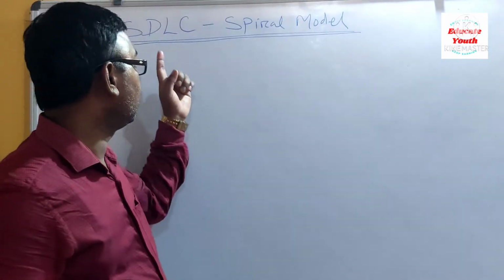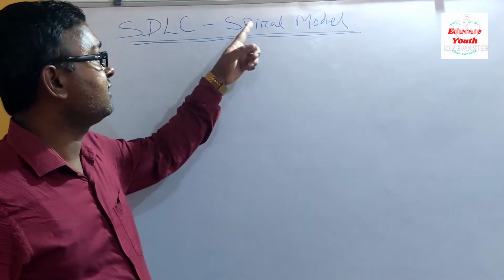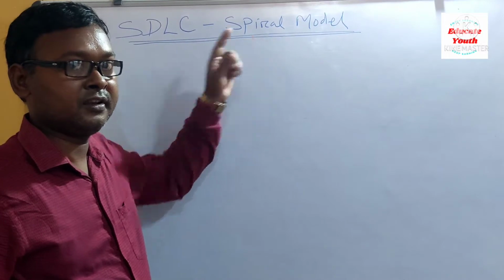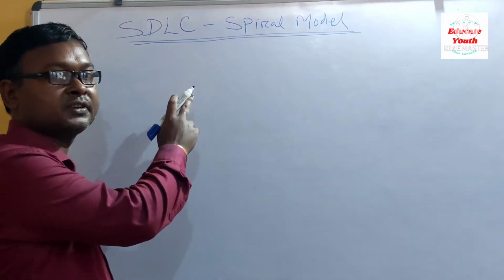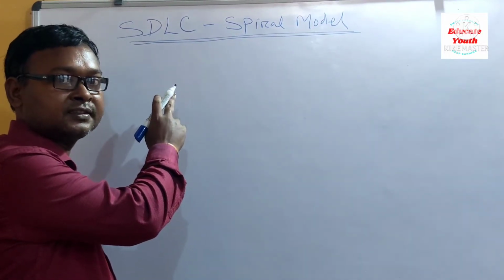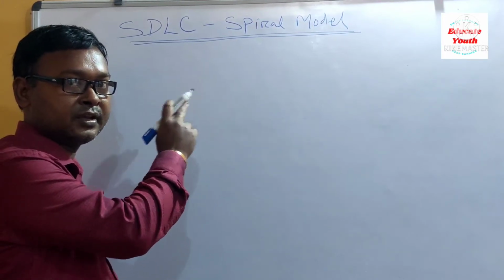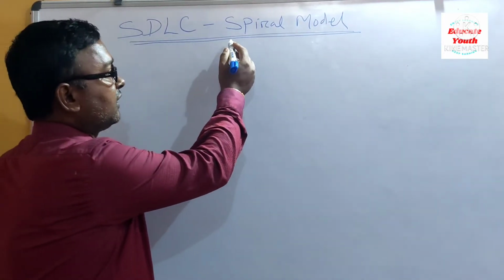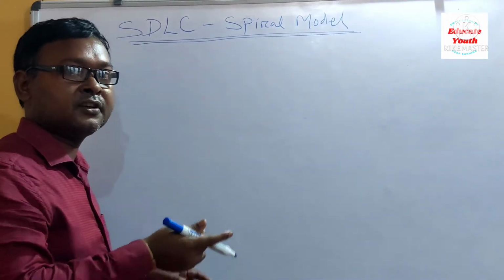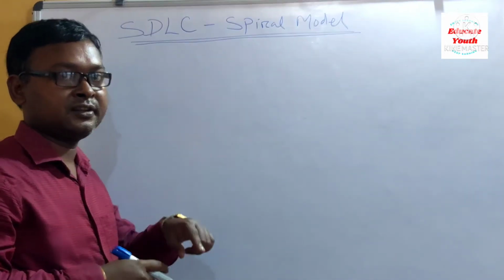Today's topic is SDLC. Under SDLC we will be learning the spiral model. In the previous classes I have already covered the waterfall model and the iterative model. To learn the spiral model you should have the knowledge of the waterfall model and the iterative model.